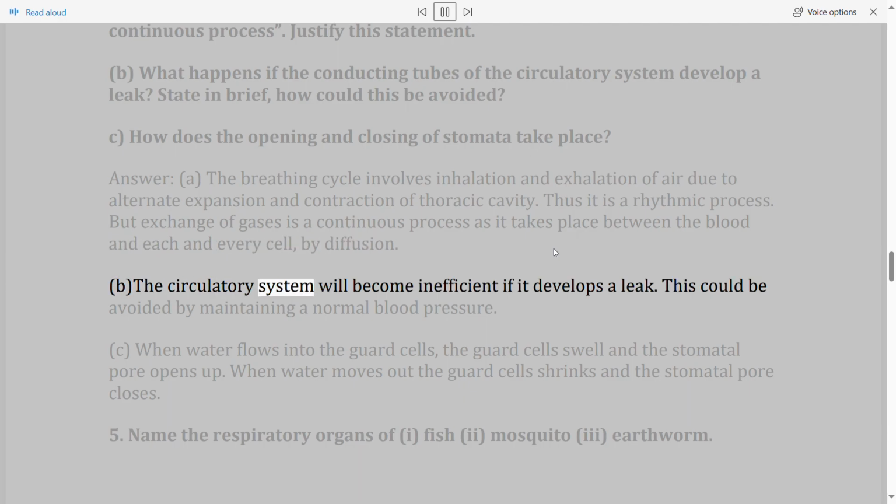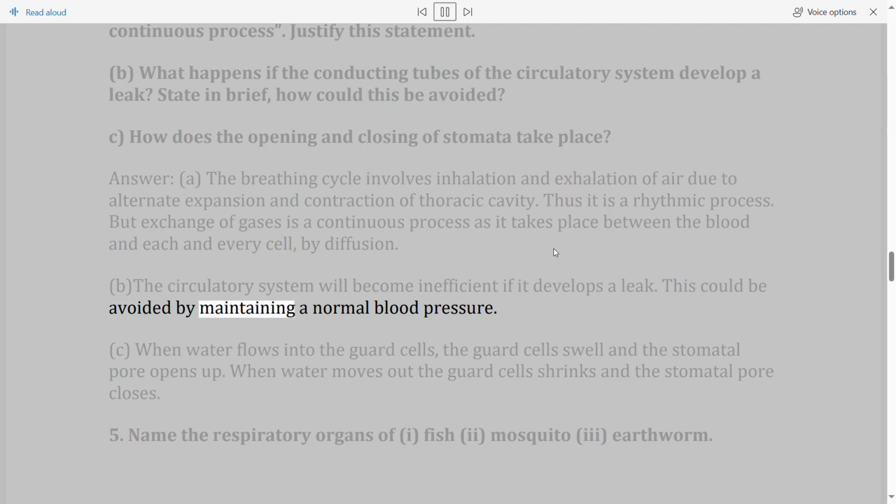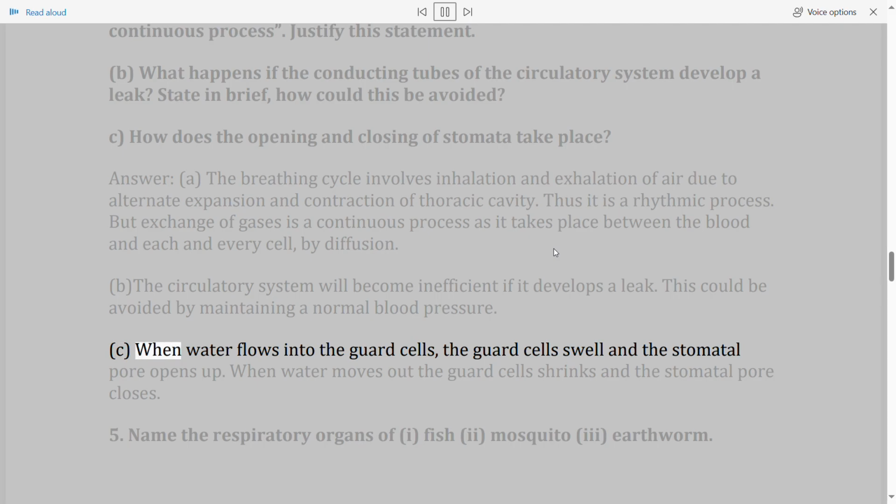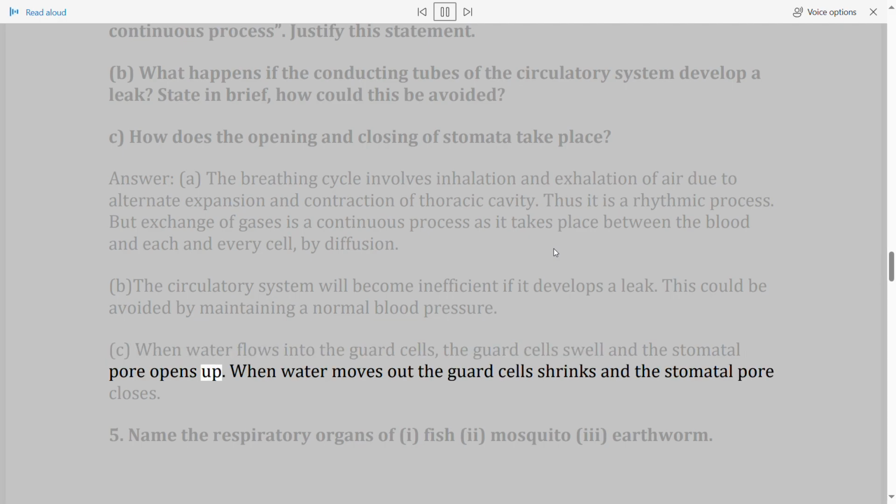The circulatory system will become inefficient if it develops a leak. This could be avoided by maintaining a normal blood pressure. c. When water flows in, the guard cells swell and the stomatal pore opens up. When water moves out, the guard cells shrink and the stomatal pore closes.